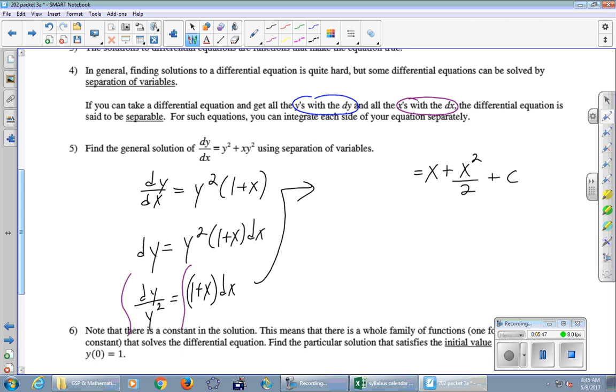It's not ln. We need to write this as a negative exponent. So maybe over here, it's really y to the negative 2 dy, right? Okay, so now we can add 1 to the power and divide by the new power. So it becomes y to the negative 1 over negative 1.